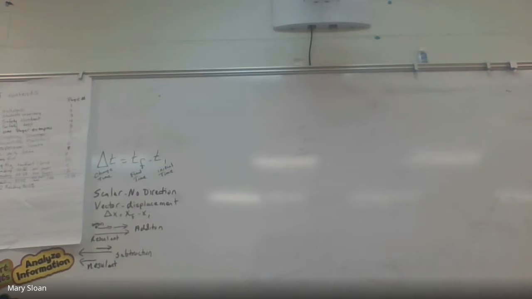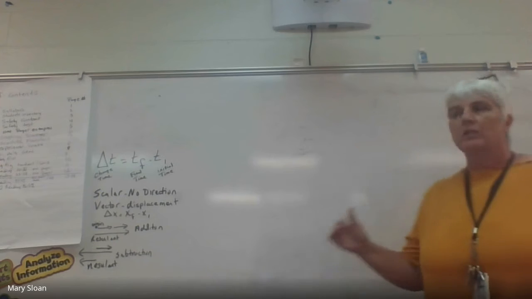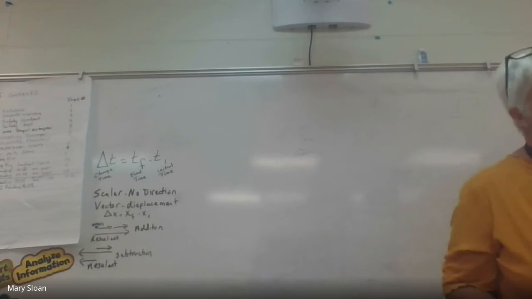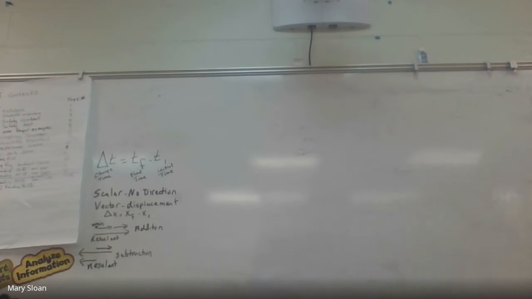The next thing I want to make sure you look at is on the last page of our reading assignment, where it talked about origin, and adding and subtracting vectors.